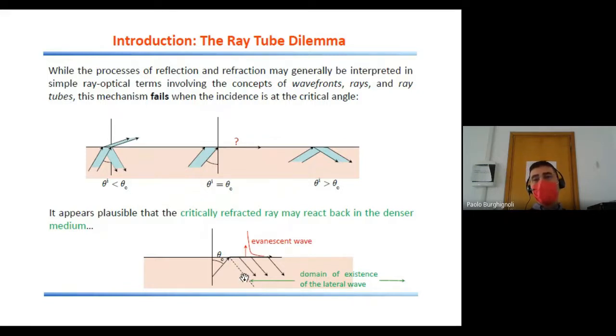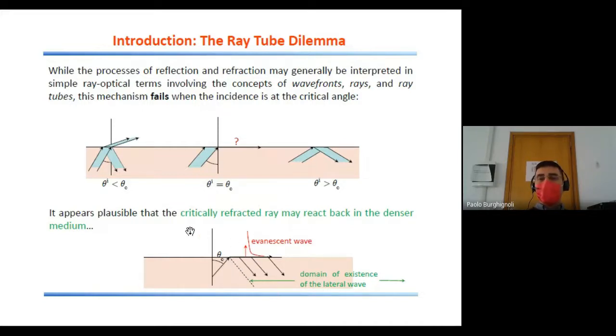So this defines a region, the domain of existence of this lateral wave, that depends on the position of the source and on the critical angle. As the line is the left boundary of this domain of existence. And so this could be a plausible mechanism for power to be conserved, at least in ray terms.